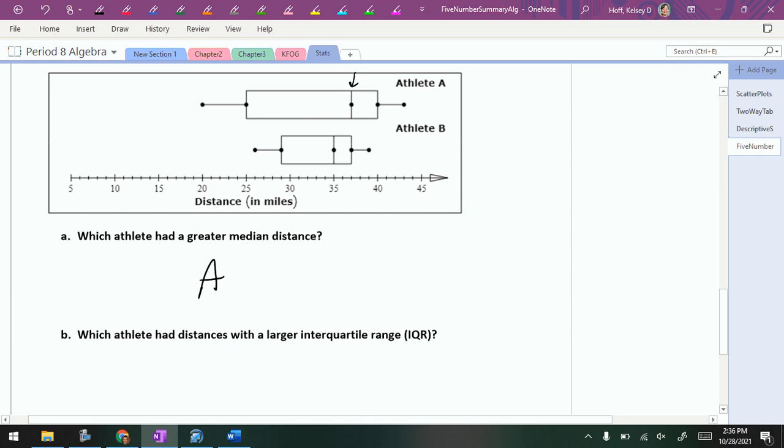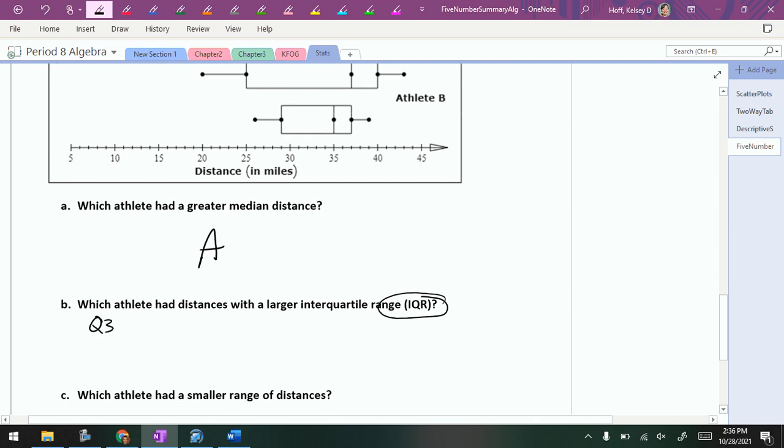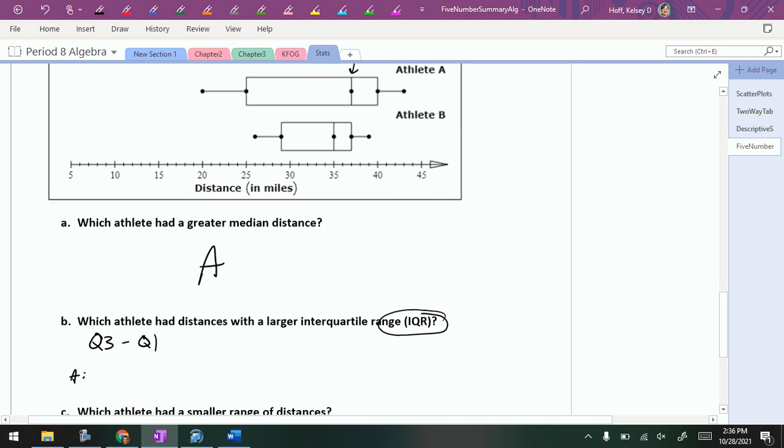Which athlete had distances with a larger interquartile range? No, B. It's like the numbers are close together. What's IQR? How do you calculate that? Q3 minus Q1. Okay, so for athlete A, what's Q3? I'd say 40. I would say 40 minus 25.